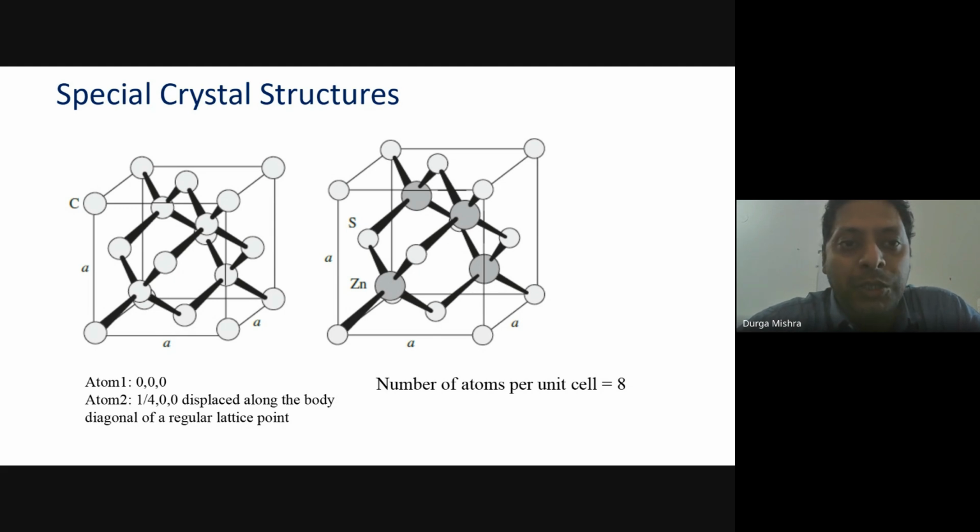Before going into those discussions, I just want to show a few special crystal structures and allotropes that we discussed in the last class.